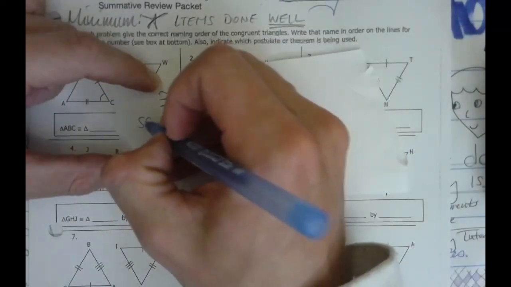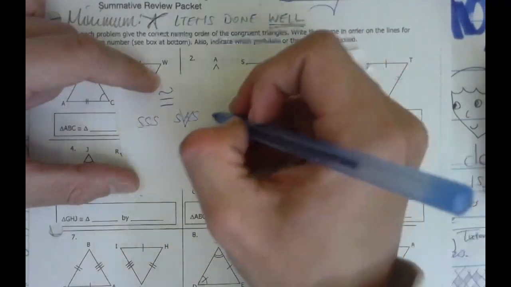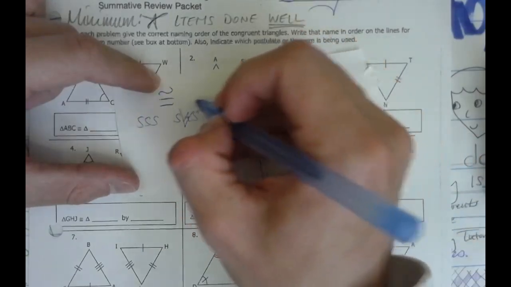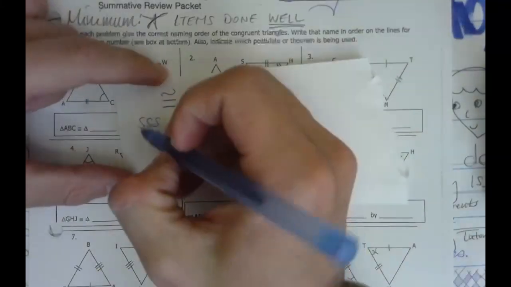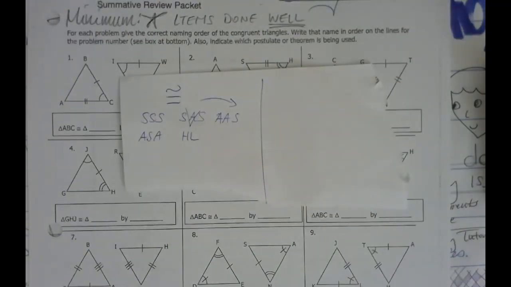We got side, side, side: all 3 sides are shared. Side, angle, side: an angle wedged between 2 sides. Angle, angle, side: where it's like this, but the side is outside of those 2 angles. We also have angle, side, angle. And finally, hypotenuse, leg.